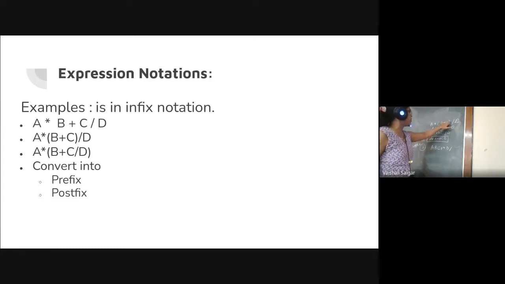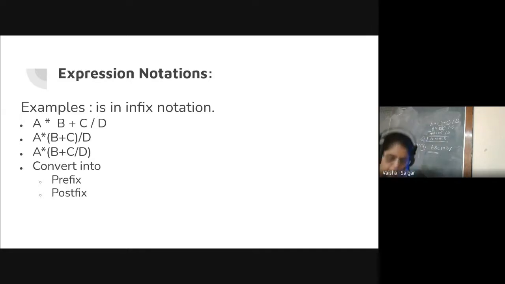So B C plus, then A into B C plus will be one thing. So A B C plus, then asterisk, which is multiplication, and then D division. Obviously the whole is first operand, second operand, and then the operator. So I'm getting this as my postfix format for the same equation. All of you agree?